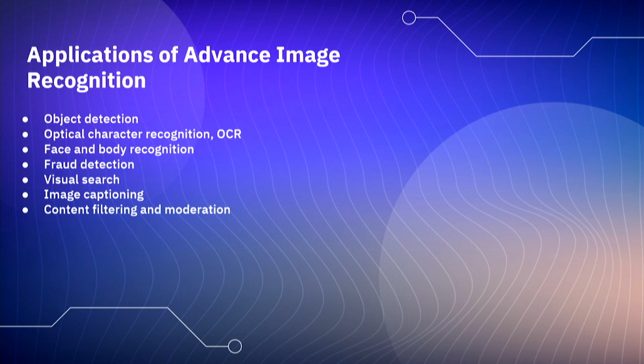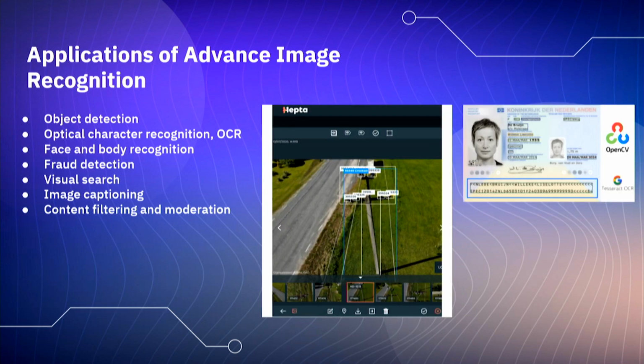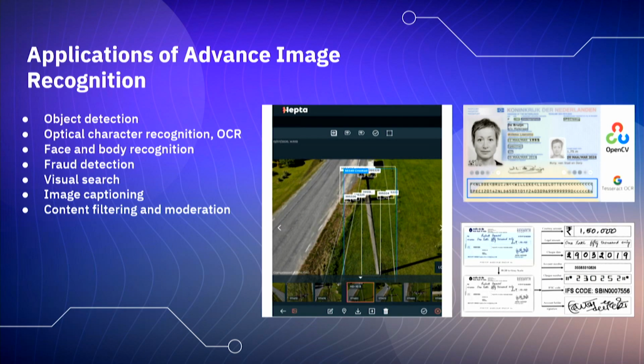Another type is advanced image recognition, meaning we have advanced AI today with object detection. We also have advanced AI with OCR, where airport staff scan our ID cards and passports. There is face and body recognition. Some cameras here can identify the speakers.